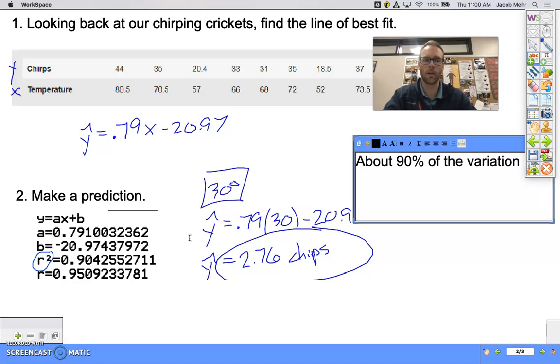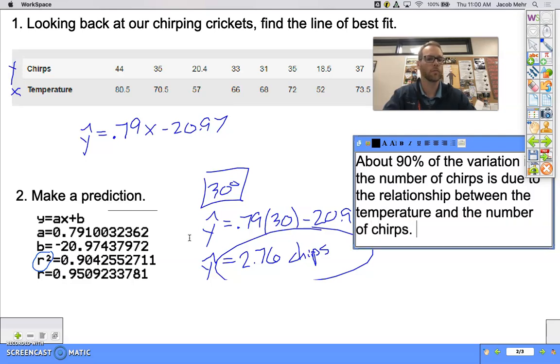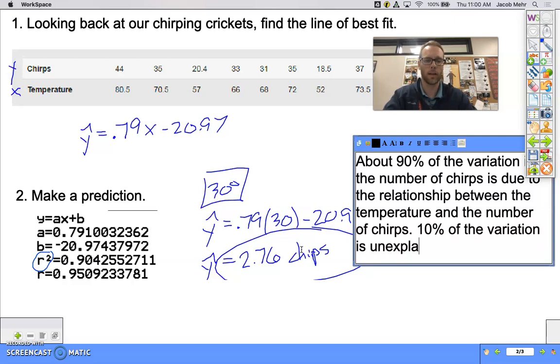About 90% of the variation in the number of chirps is due to the relationship between the temperature and the number of chirps. 10%, that would be the complement of the 90%. 10% of the variation is unexplained.